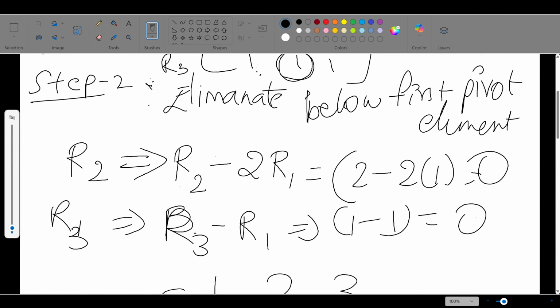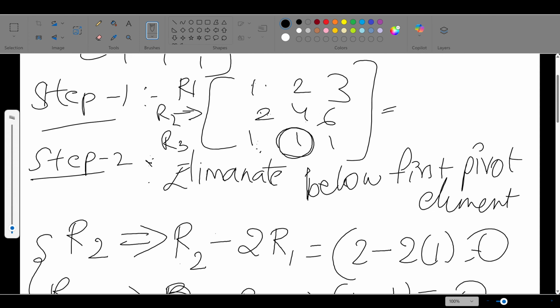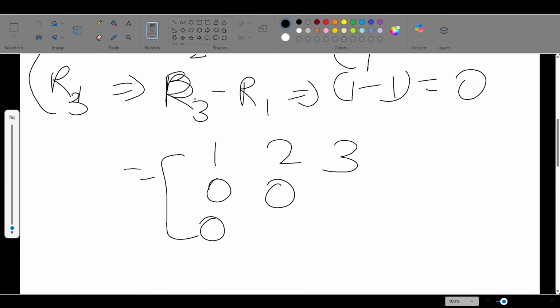R2 is nothing. Just you should remember these two formulas and then you will get the answer. Next, 4 minus 2 times 2. 4 minus 4 is 0, right?